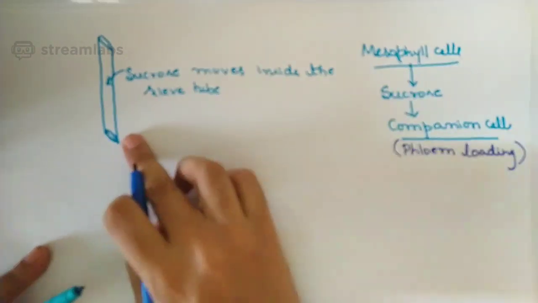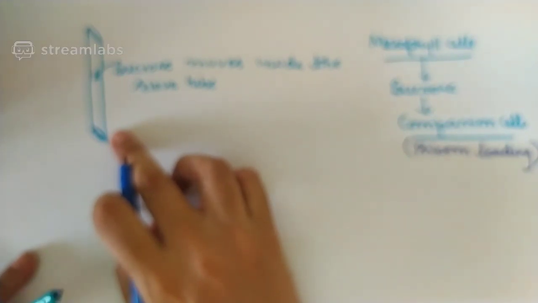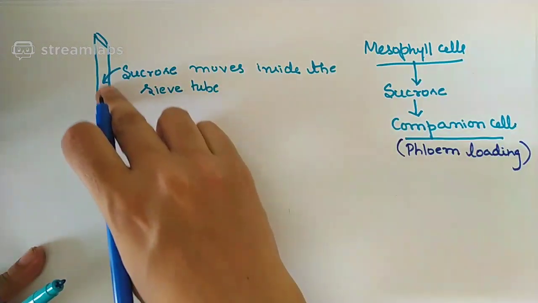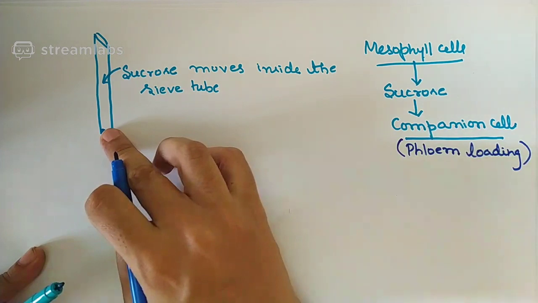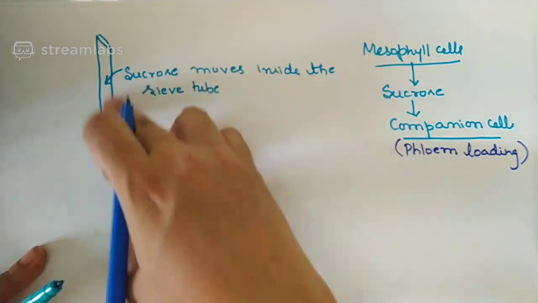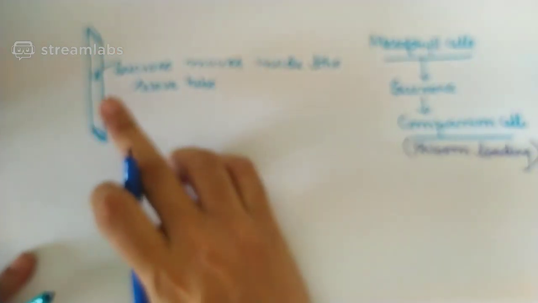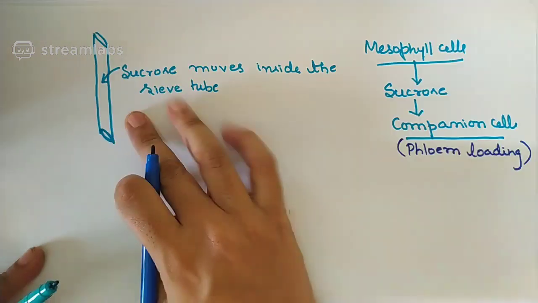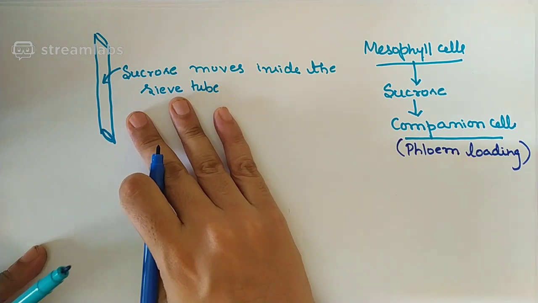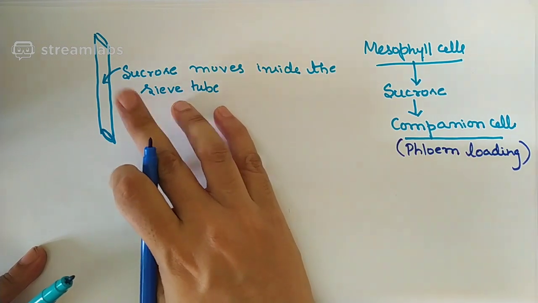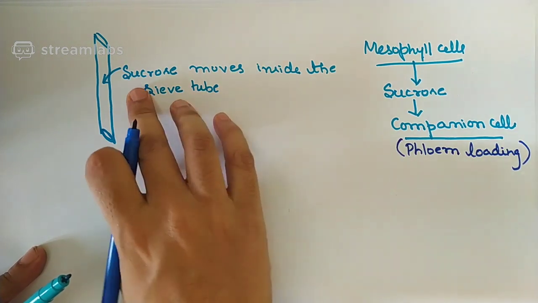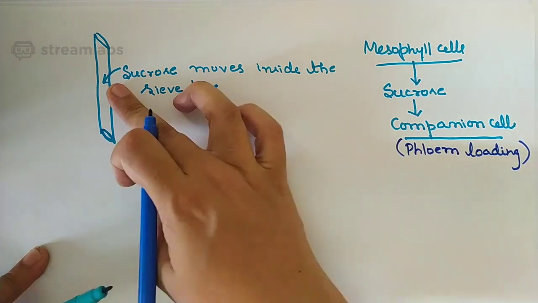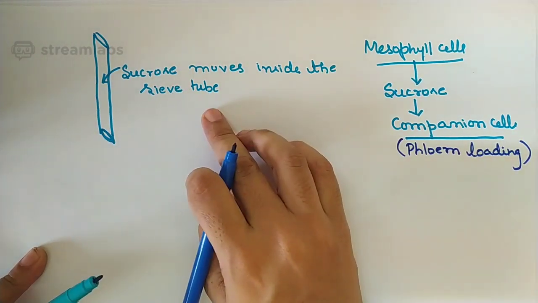If this is a sieve tube, companion cells will be present close to the sieve tube. So the companion cell gets sucrose from the mesophyll cells, and from the companion cells, sucrose moves inside the sieve tube. Now what happens inside the sieve tube?